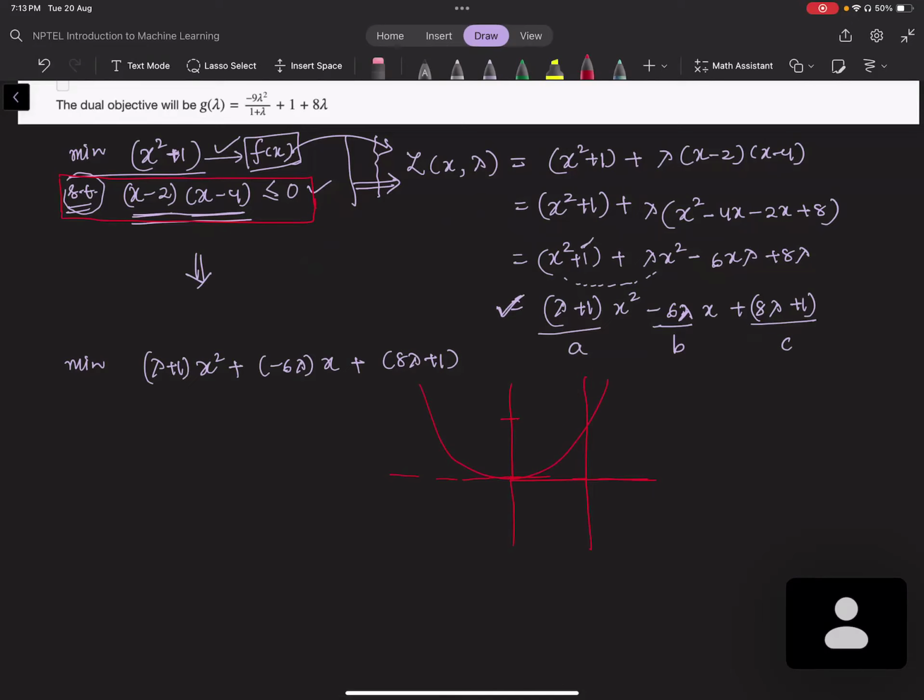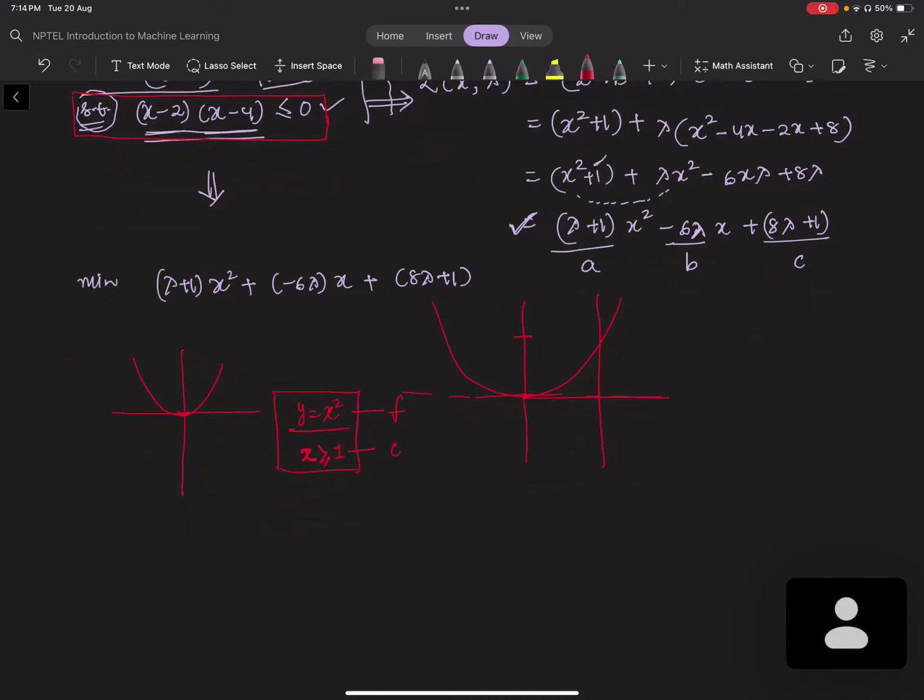And your constraint is that x should be greater than or equal to 1. Let's see. So let's say this is the function and this is the constraint. So this is the function and this is the constraint.